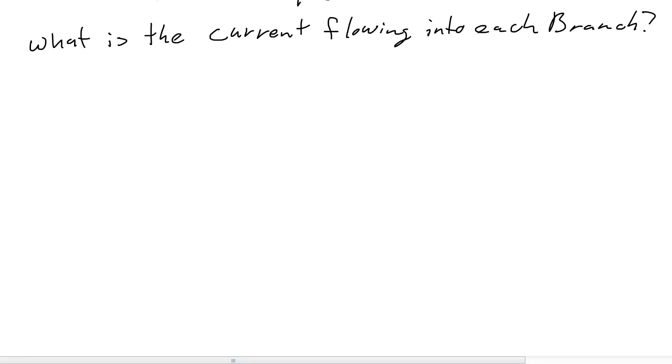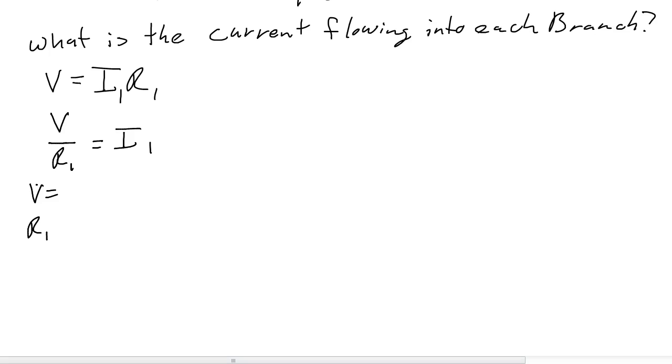I say our voltage is equal to IR for all of them. And I'm going to find I1 to start with. So I'm going to talk about current 1 and R1. And remember, voltage is the same for all of these because we're in parallel. Okay, so I'll move some letters around so I can solve for current. So V over R1 is equal to I1. I need to find V, and I need to find R1.